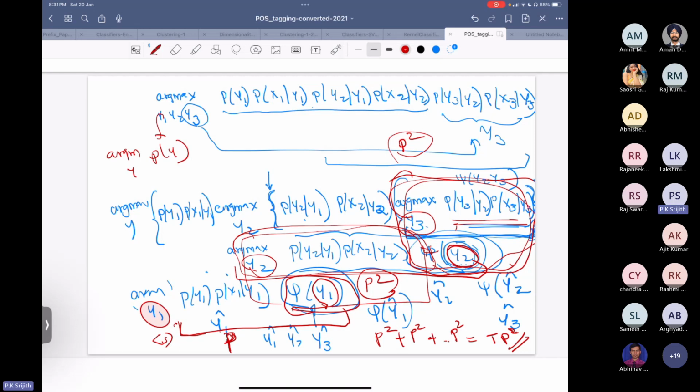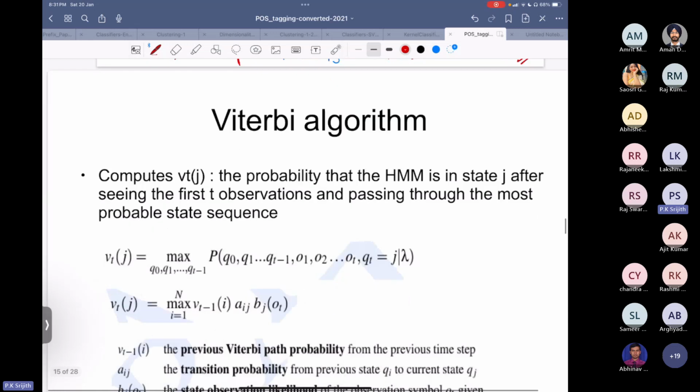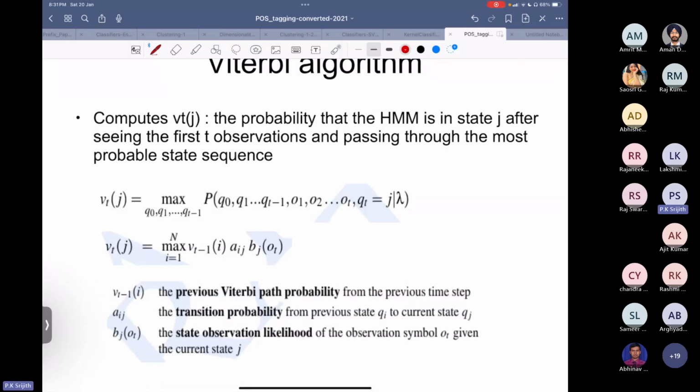You can think of first doing it with respect to y1, and then with respect to y2, and then with respect to y3. And this Viterbi algorithm that we are going to discuss is doing it in that order, where you first maximize with respect to y1, then y2, then y3.